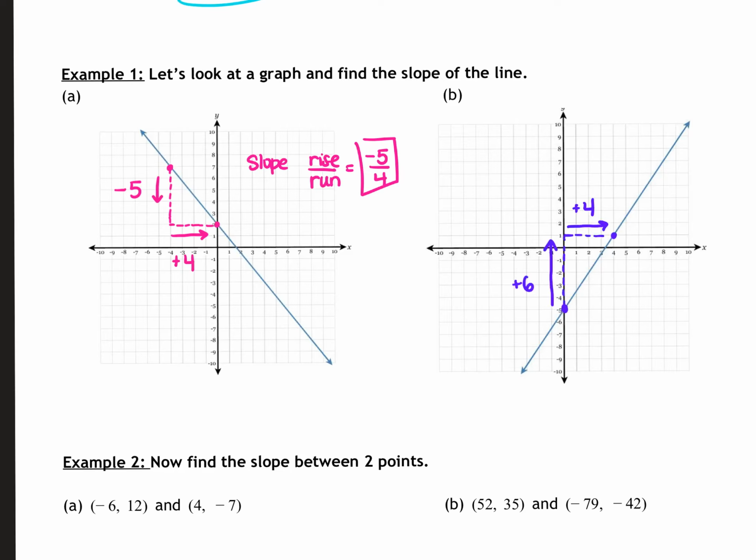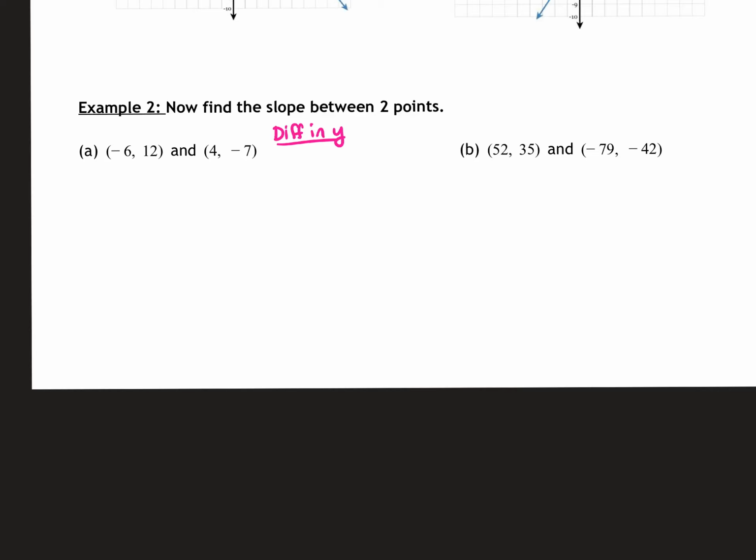Now let's find the slope between 2 points. And as I said, there's a formula you can memorize, or you can just remember the idea that we're talking about the change in y, the difference in y. So the difference between the y's divided by the difference between the x's. And so if you do that, then it's a really easy thing to remember. I just take my y's and I subtract them.